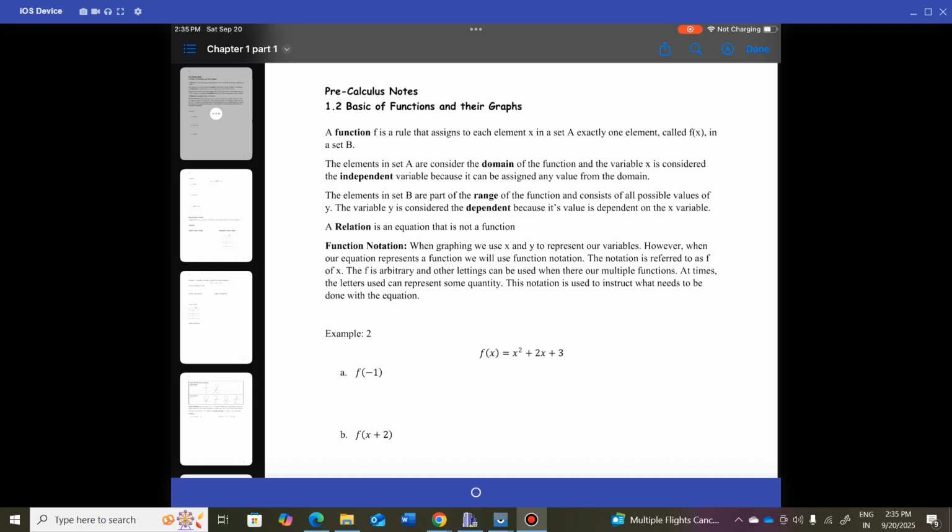So a function is a rule that assigns each element in a domain X, or a set of elements, to exactly one element of another set.